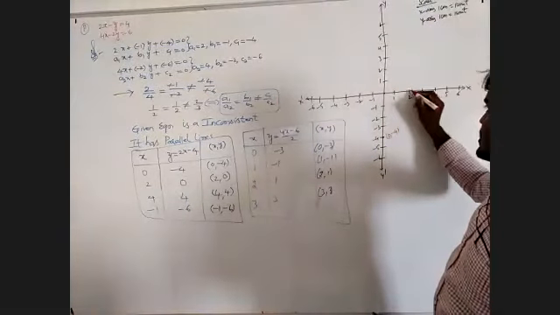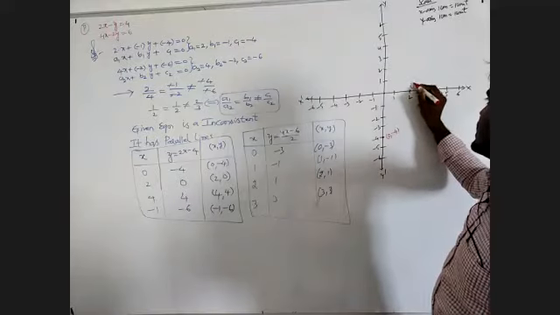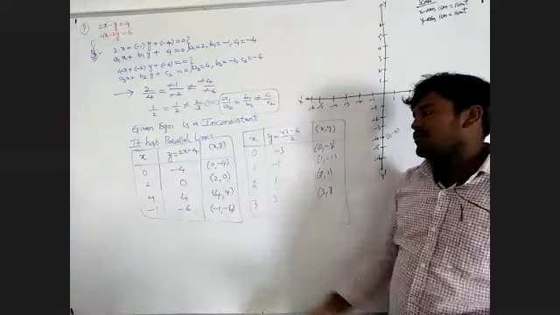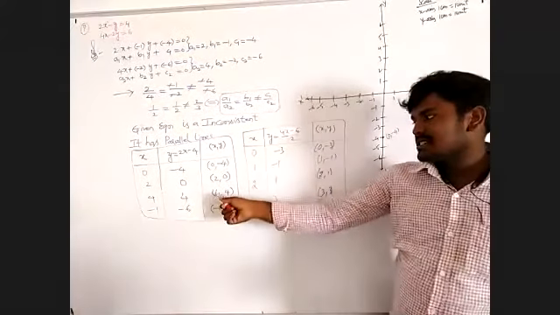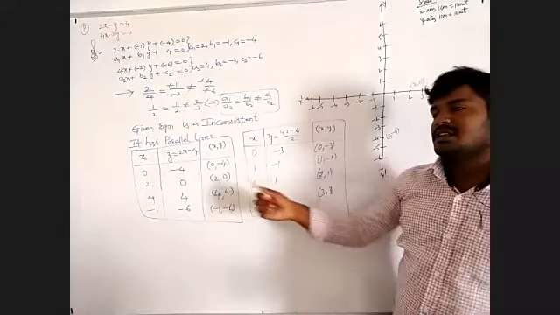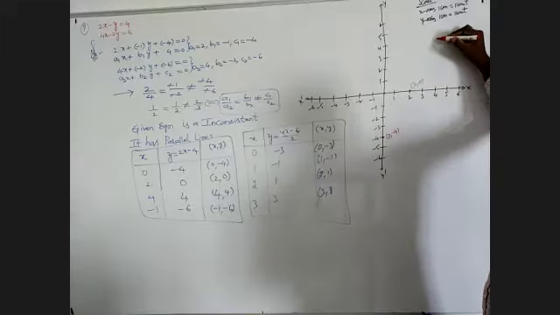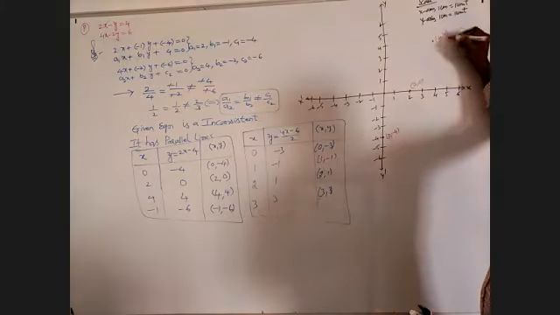That is 2 comma 0, this is the point 2 comma 0. After that I have to take 4 comma 4. 4 lies on the x-axis and the other 4 lies on the y-axis. Here the plotted point is 4 comma 4.